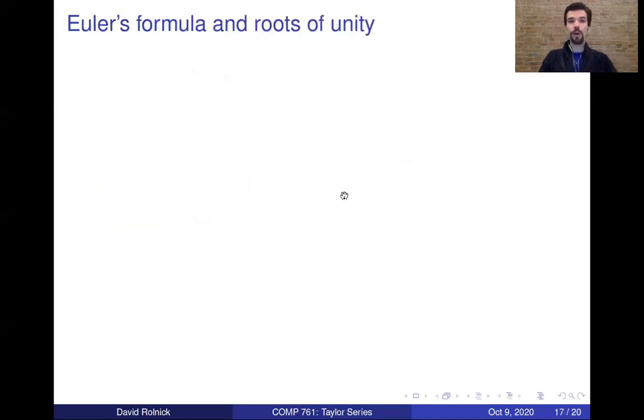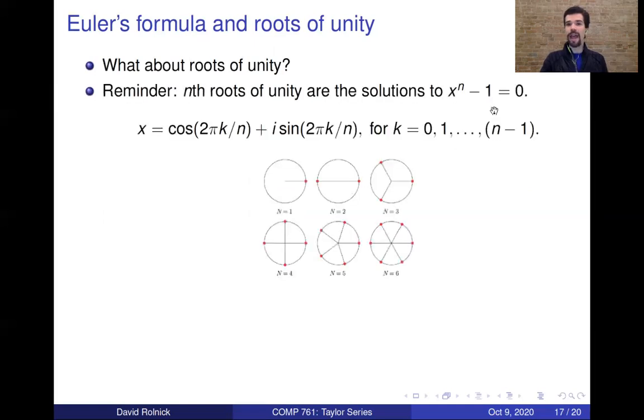Now let's quickly go over the roots of unity with Euler's formula. We saw them in this form: cosine of an angle plus i sine of an angle. The roots of unity are the solutions to x to the n minus 1 equals 0. And geometrically, they look like this.